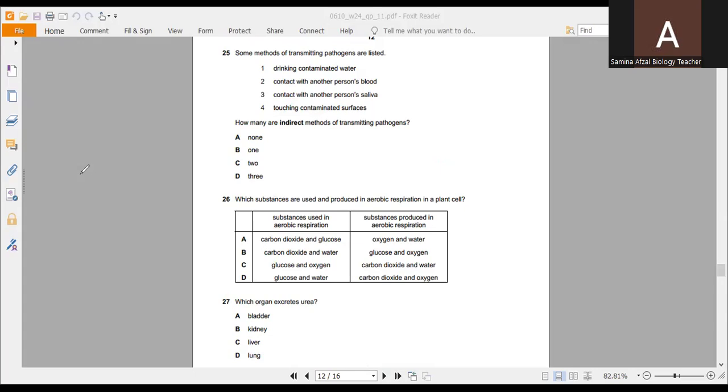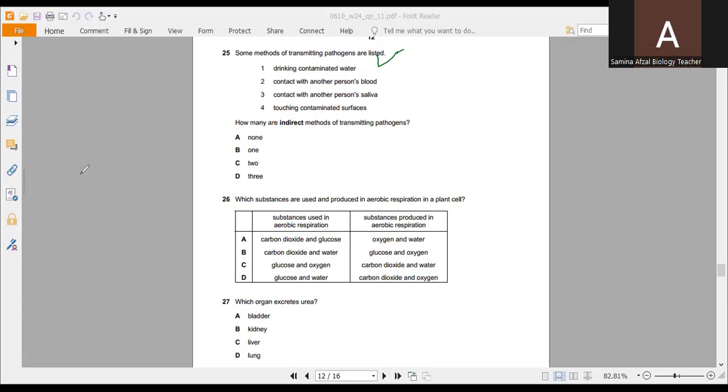And we have to find out the indirect method of transmitting pathogens. Drinking contaminated water, that is, the pathogens are present in the water and you are taking them.